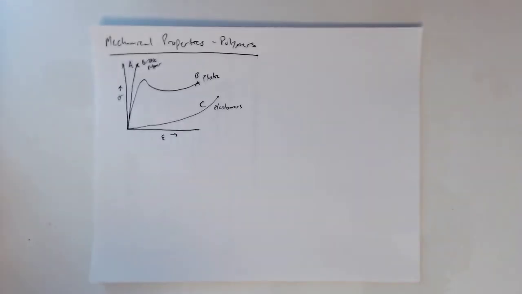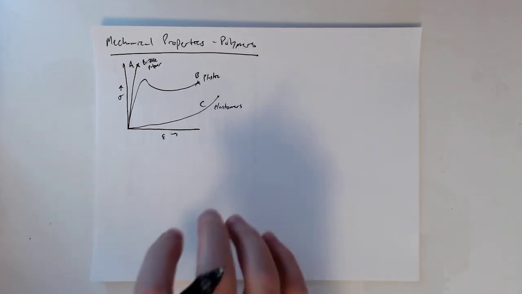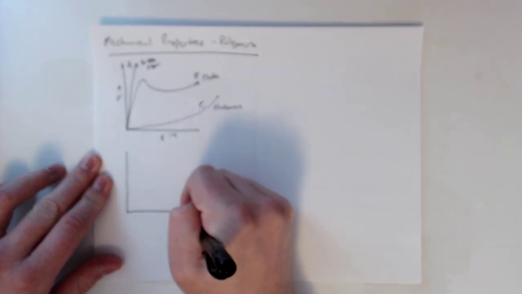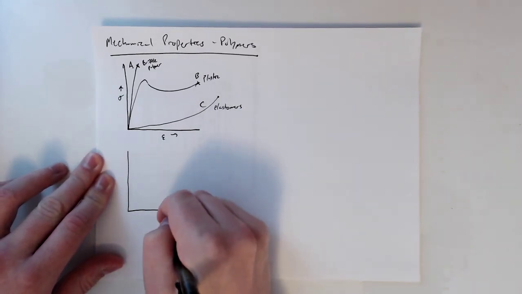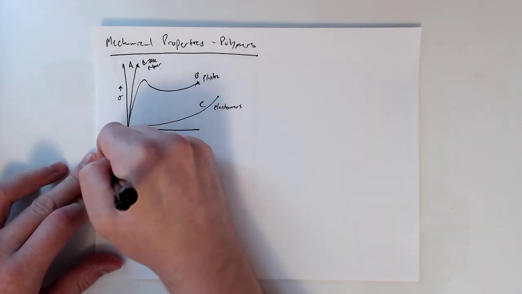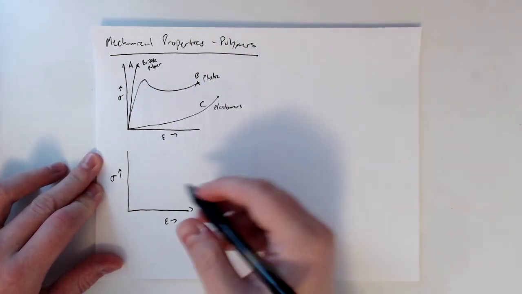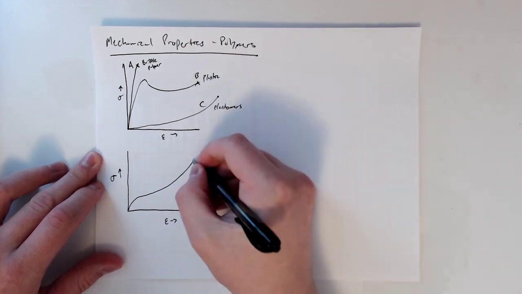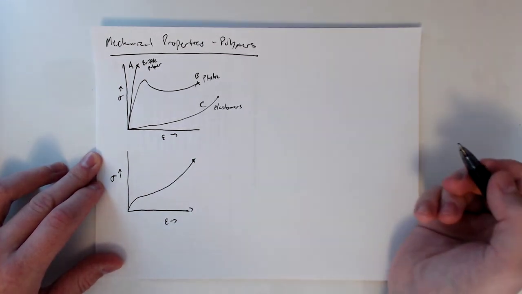All right, so now let's look at some of the various properties that we want to be able to extract from these stress-strain curves. Let me just redraw the stress-strain curve, and let's say we have a curve that looks like this. This is where it breaks.